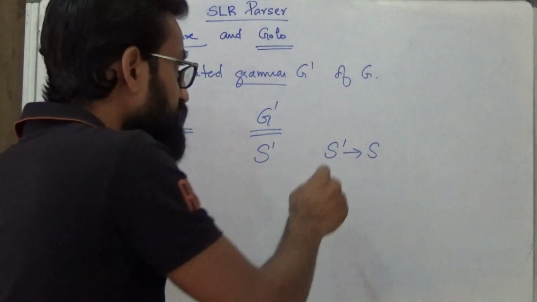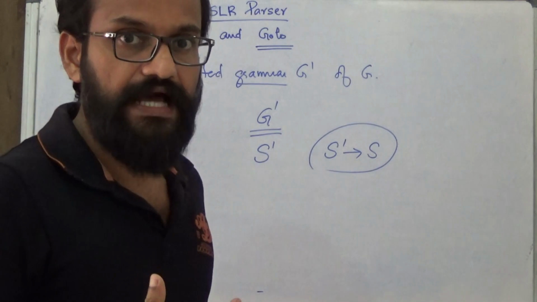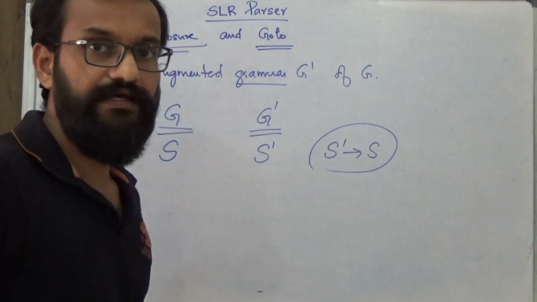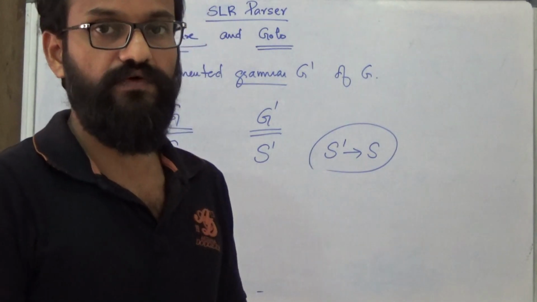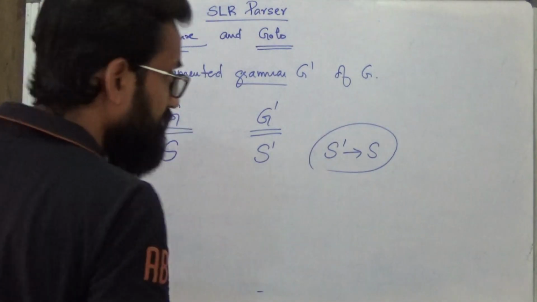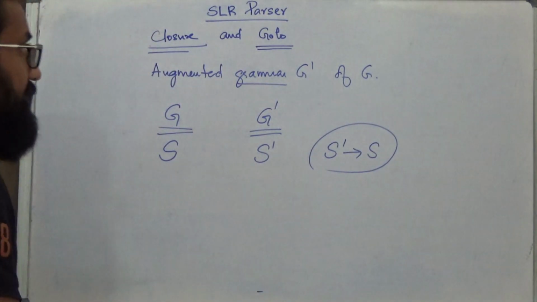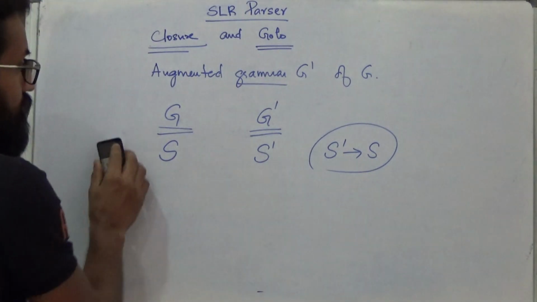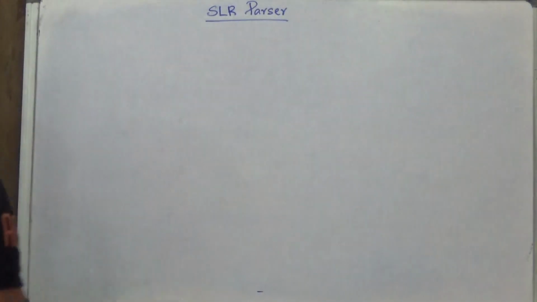The purpose of adding this production is that whenever the LR parser applies this particular reduction, it can take a decision to accept the string. So that is the reason for introducing a new start symbol. Whenever it applies this particular reduction, the parser will generate the output accept. So let us consider a simple grammar.